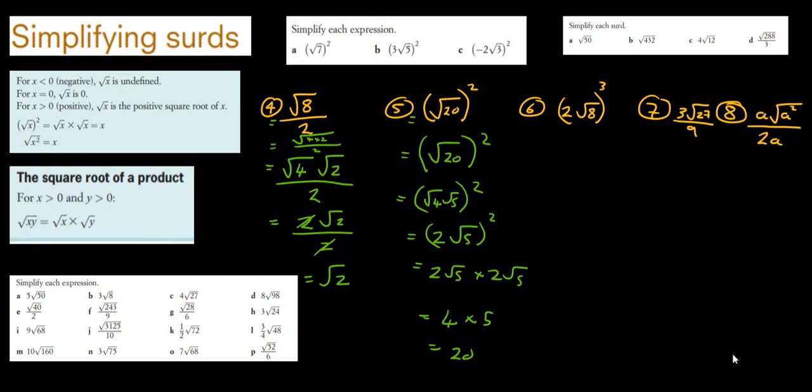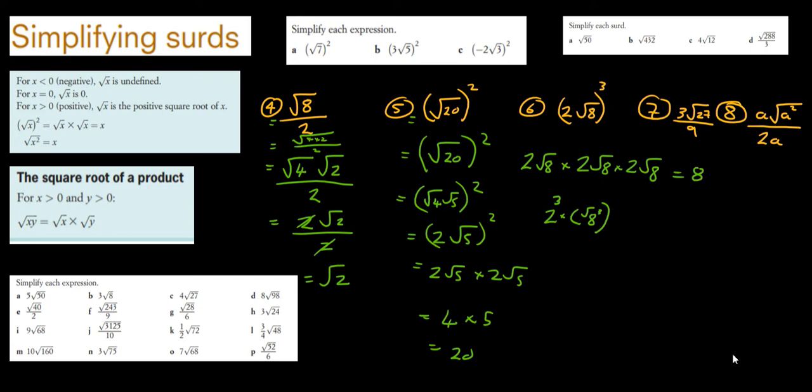So we've got 2 root 8 multiplied by 2 root 8 multiplied by 2 root 8. Or we could say 2 cubed multiplied by the root of 8 cubed. Both are correct. So we've got 2 times 2 times 2, which is 8.